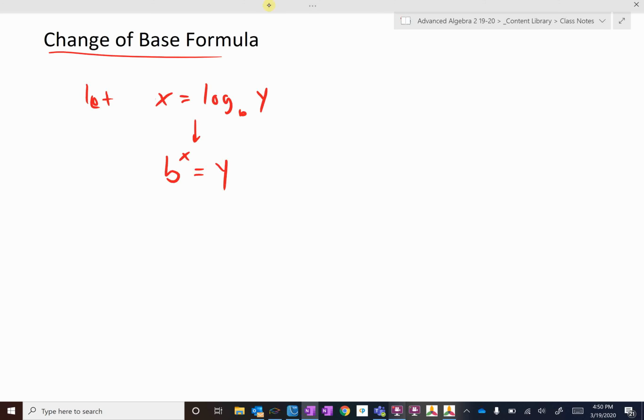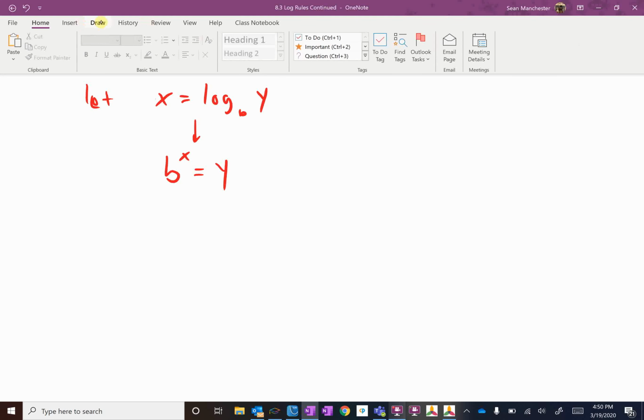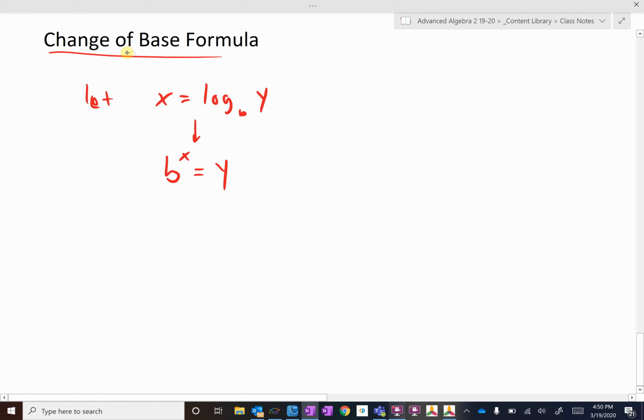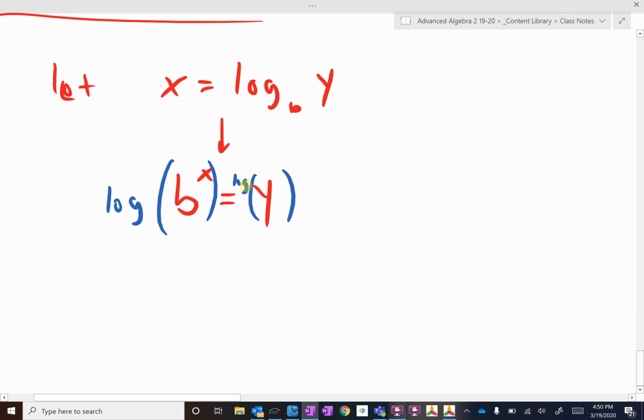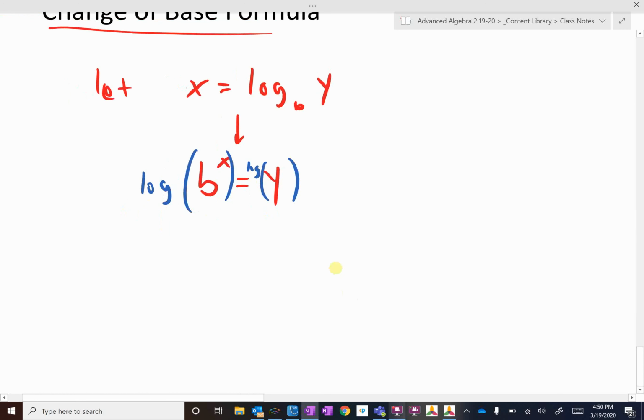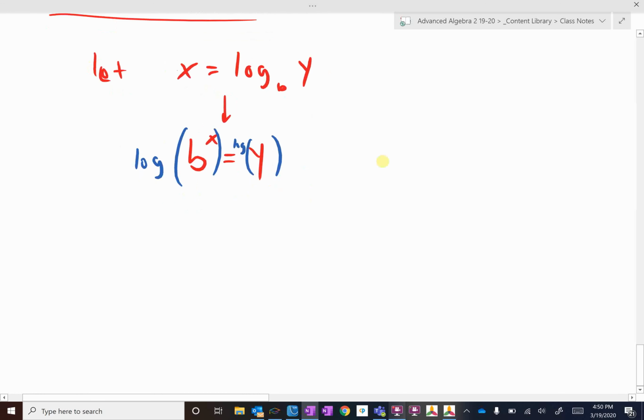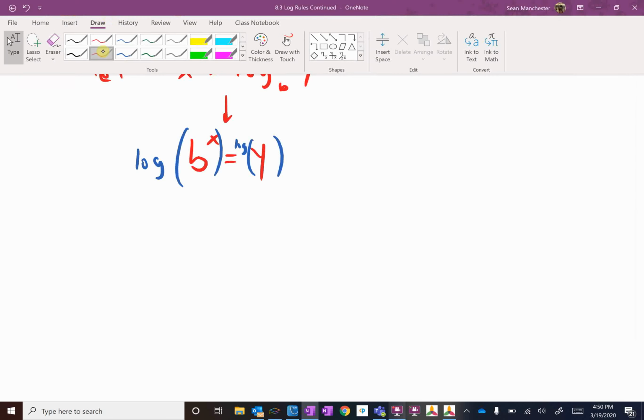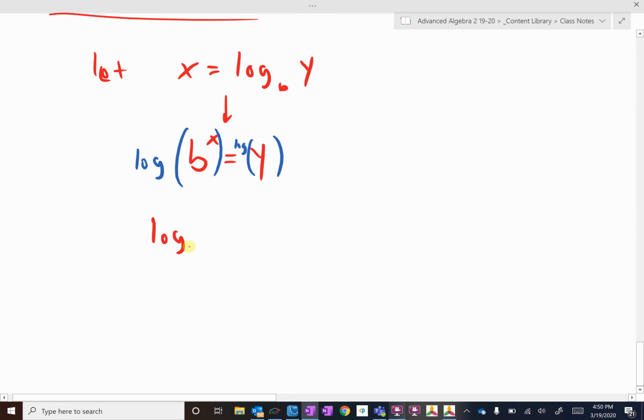But watch what happens here. If we take the common log of both sides, so I take both sides and I evaluate log base 10 of each side. So I take log of b to the x power. Let me just rewrite this here. I'd have log of b to the x power equals log y.